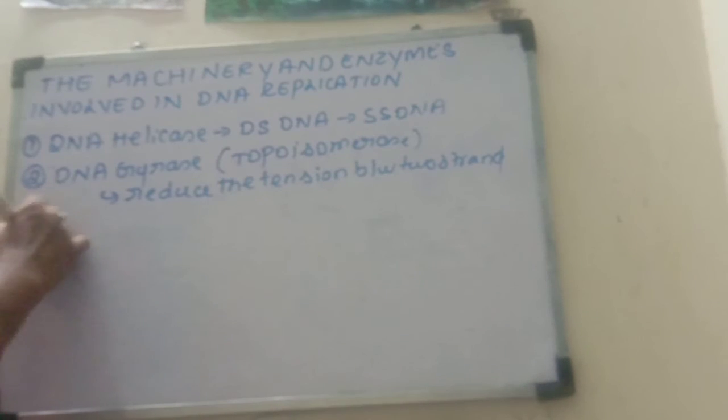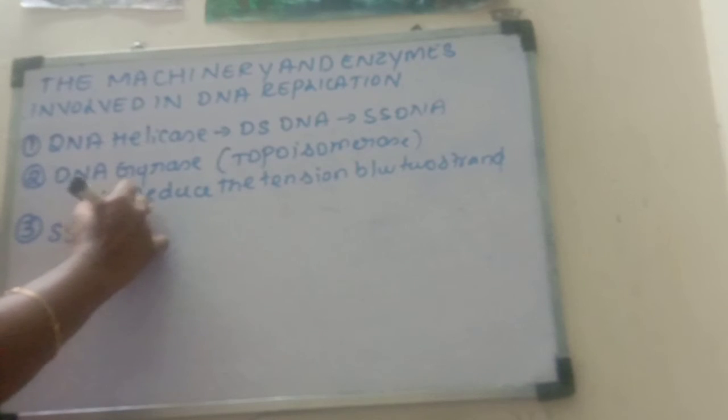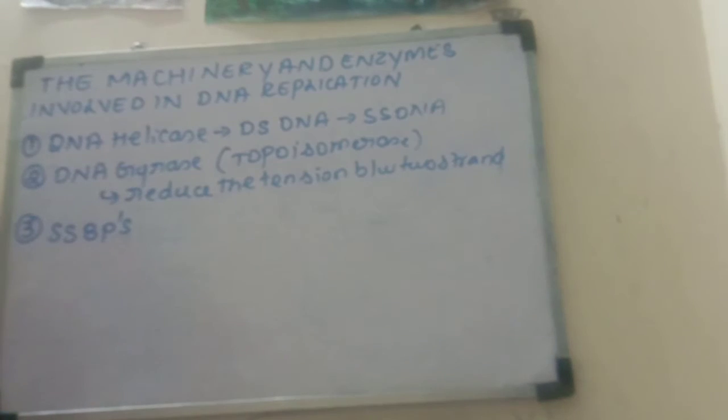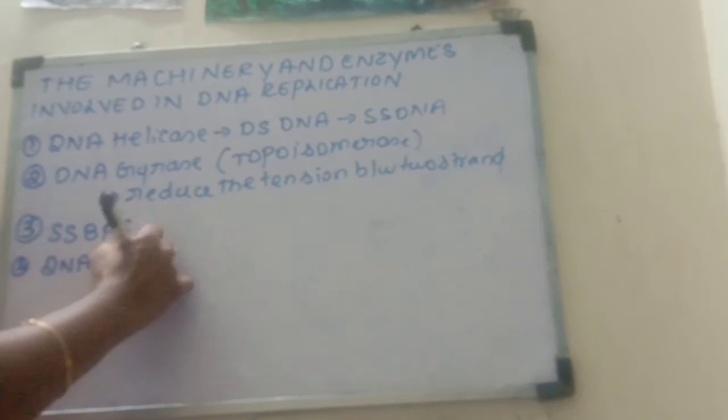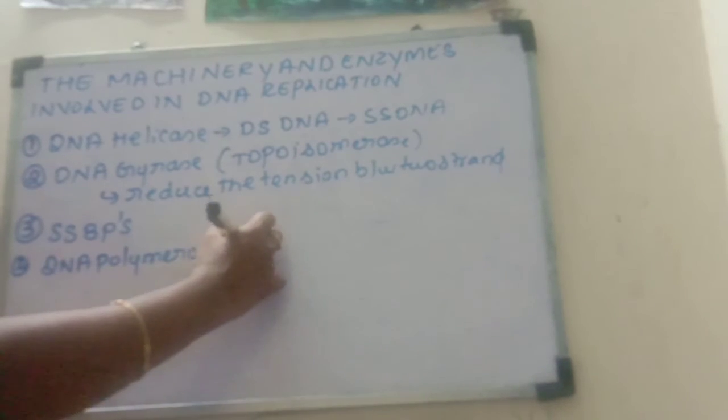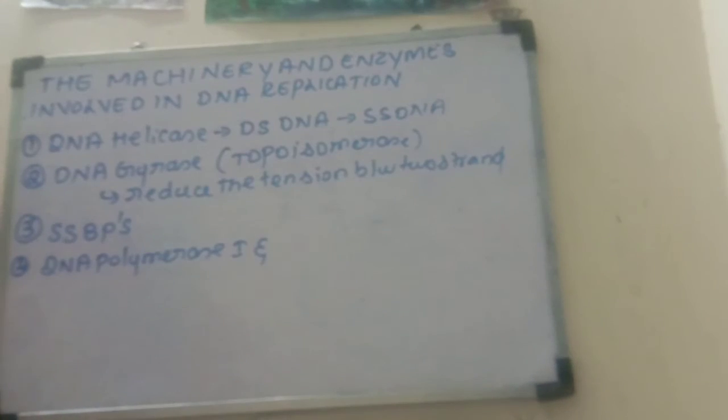Then another enzyme, single stranded binding proteins. These further provide stability to the separated single stranded DNA. The next enzyme is a very important enzyme. In prokaryotes, that is in bacteria, there are DNA polymerase 1 and DNA polymerase 3 enzymes.